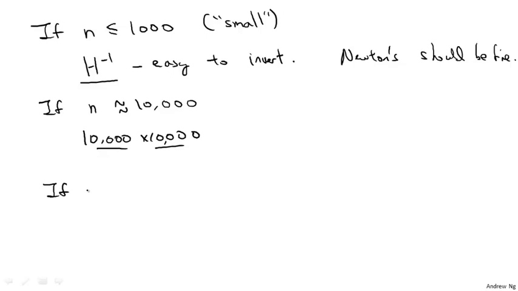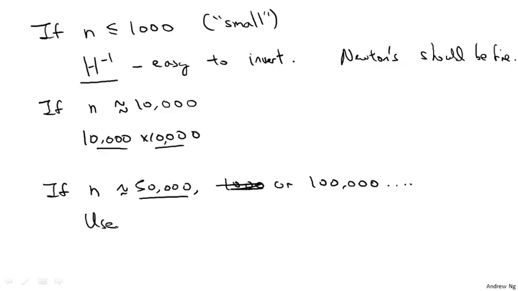And finally, if n is much larger, say 50,000 or 100,000, or even larger, so if you have like 50,000 features, then I would almost certainly use gradient descent. In particular, even on a modern computer, a 100,000 by 100,000 matrix, storing such a big matrix in computer memory and trying to invert it would be very challenging.